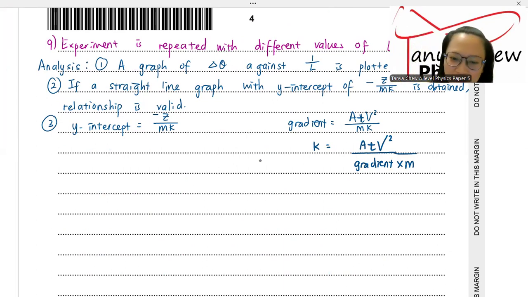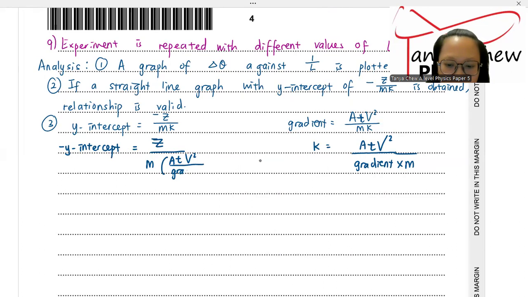Wow, things are very complicated, don't you think so? So I shift this negative first. Negative y-intercept is equal to z over M. Wow, okay. And the K value is ATV square over gradient multiplies by M. I want you to see this right here.